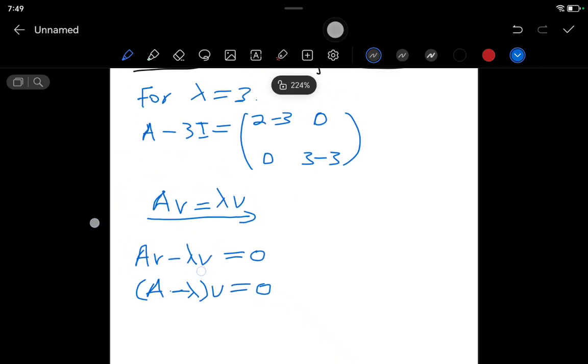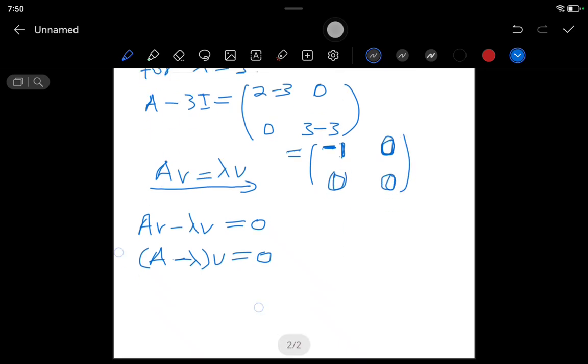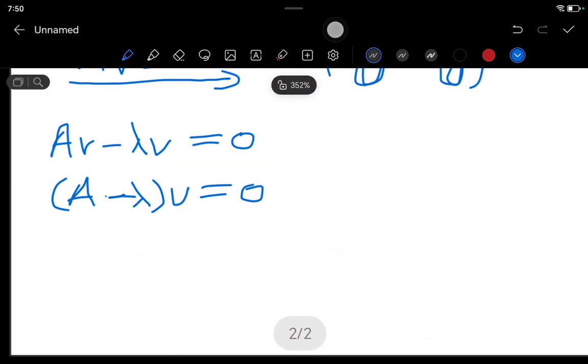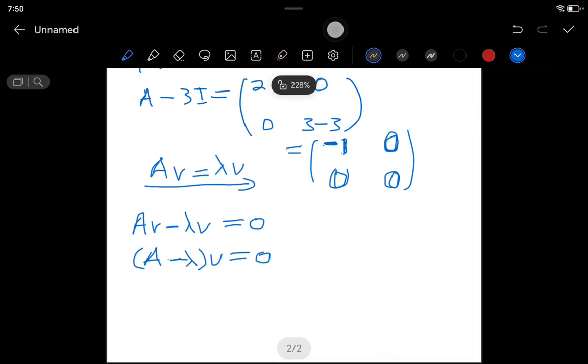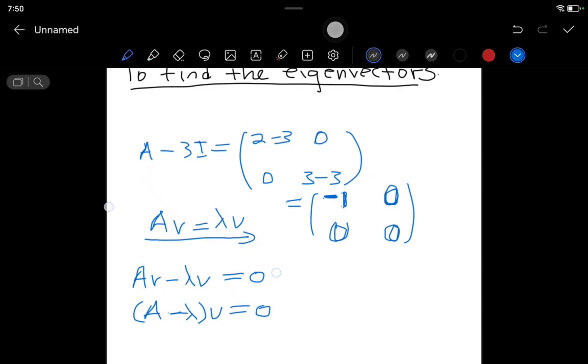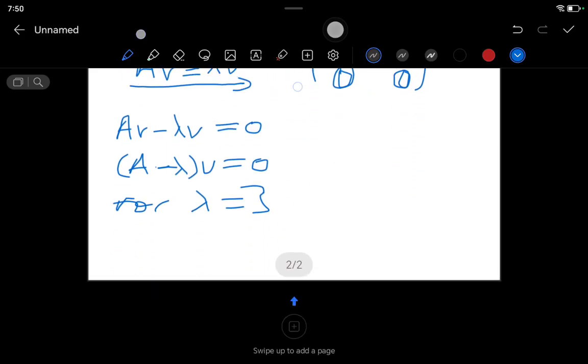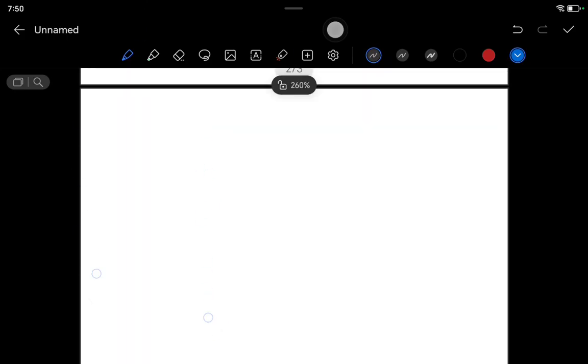You see, right? And remember this one was what? I erased that part. It was minus 1, 0, 0, 0. So if I come and use it for lambda equals to 3, let me write it here. For lambda equals to 3, we're going to do this.